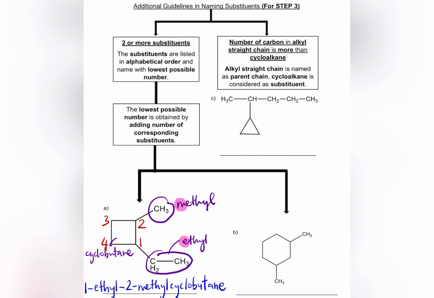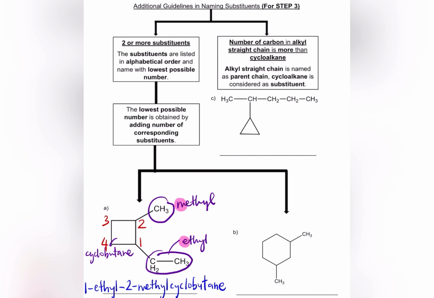Next one, if I have B, for example, B here, I got the longest carbon chain also in the ring because there are 6 of them, and I got 1 substituent here and 1 substituent here, and both of them are the same. So my parent is going to be cyclohexane. What's next?